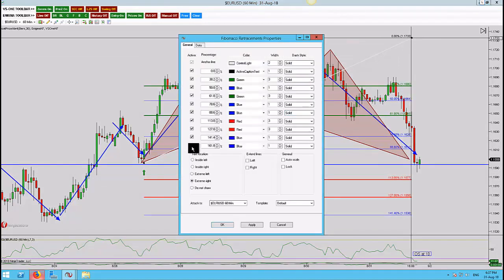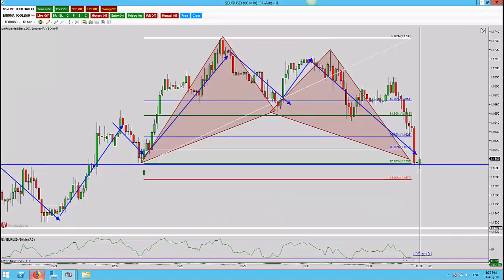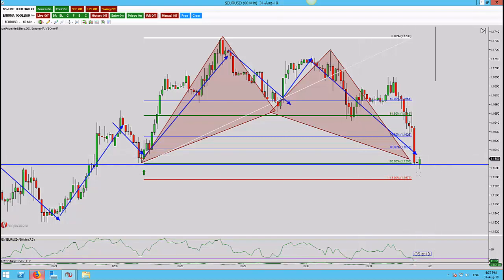However, it is valid all the way up to the 100%. For me, I was waiting for the structure trade, so as you can see we've come into that 100%, held it, psychological number, oversold at 10, pin bar rejection at structure, a very good potential trading opportunity here.